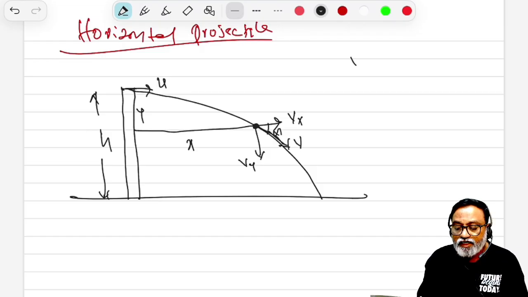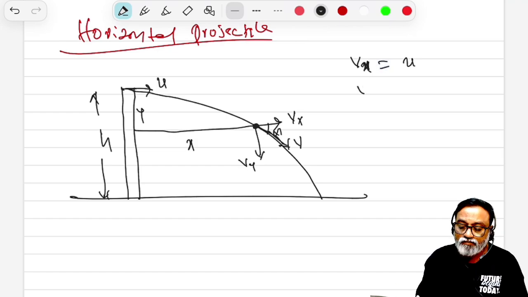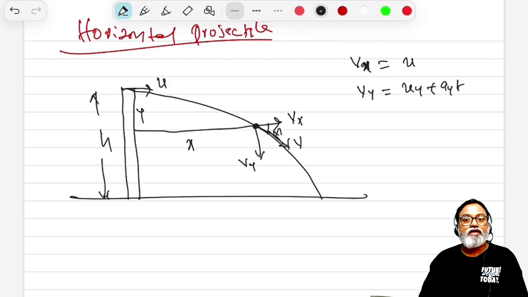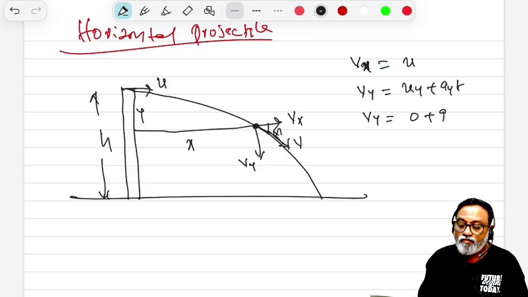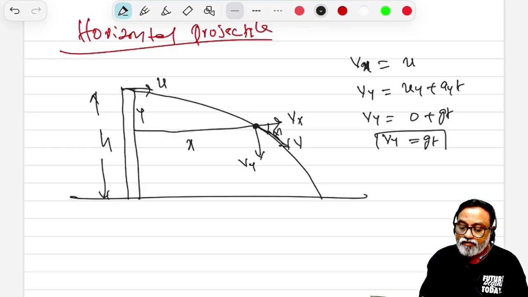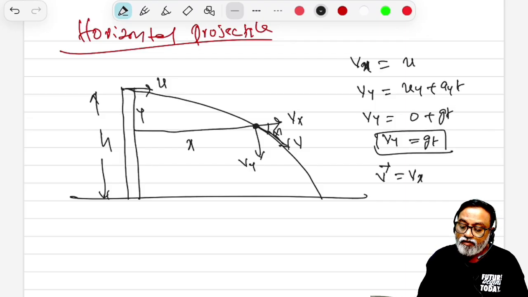Here also, in horizontal direction there is no acceleration. Velocity does not change. Vx is equal to u. But Vy is equal to Uy plus Ay into t. Initially it is projected in horizontal direction, therefore the velocity in vertical direction is 0 plus gt. Therefore, Vy is equal to gt. Then velocity vector V bar is equal to Vx i cap plus Vy j cap.